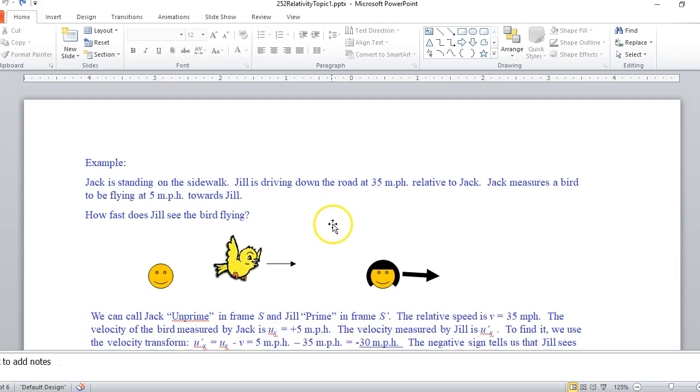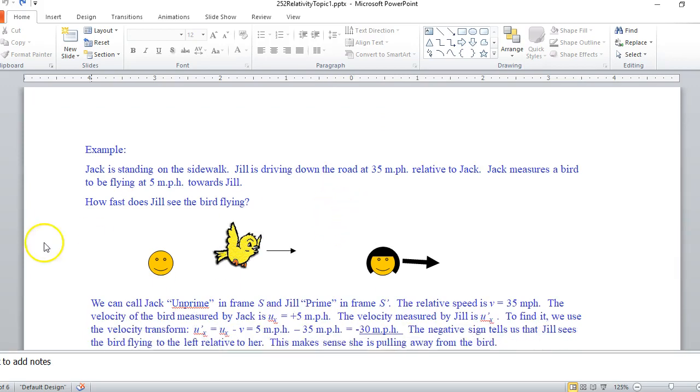Here's an example of how this formally would look. Suppose that Jack is standing on the sidewalk and Jill is driving down the road at 35 miles per hour relative to Jack. Here's Jack stationary here, and here's Jill right here. Suppose there's a bird flying between them, flying towards Jill, and Jack measures it to be flying at 5 miles per hour.